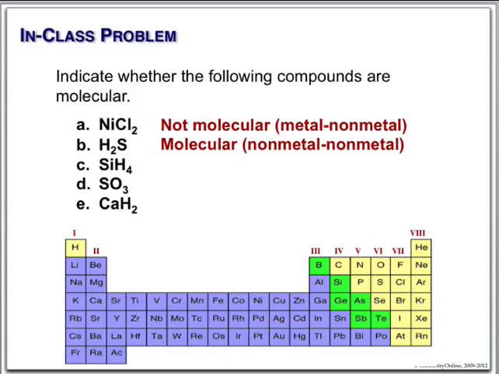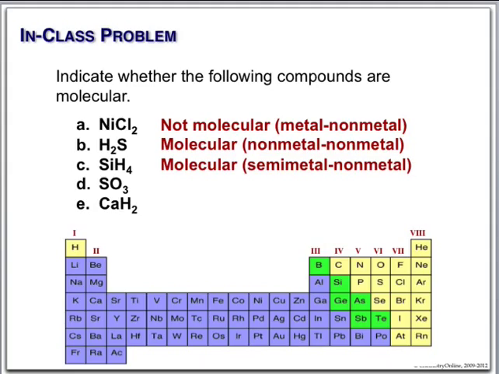Silicon tetrahydride. Silicon, we saw, was here under carbon, is green. Hydrogen is here. This is a semimetal and a nonmetal, covalent bonds. Sulfur trioxide.